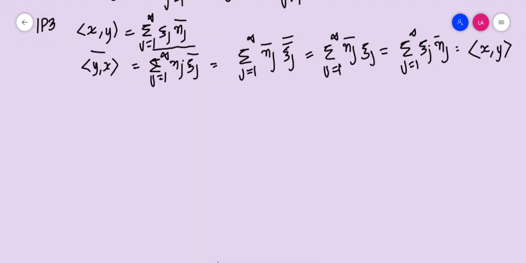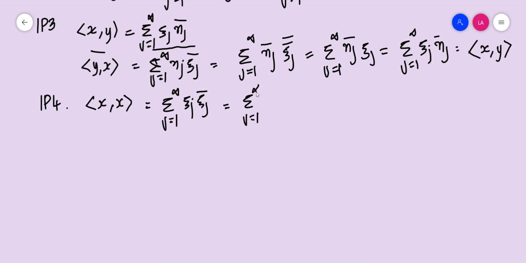Now moving on to the fourth property. So IP4, inner product xx, which by definition is summation j is equal to 1 to infinity theta j theta j conjugate, which is equal to summation j is equal to 1 to infinity modulus of theta j square. We know that modulus of theta j square is always positive. So this is a sum of positive numbers, which is greater than or equal to 0.